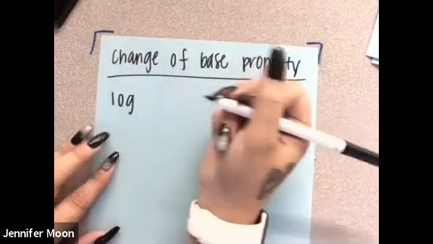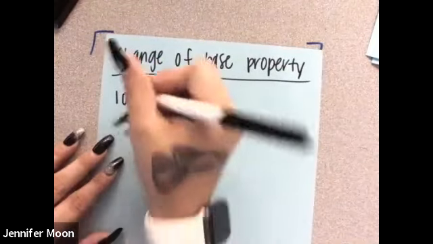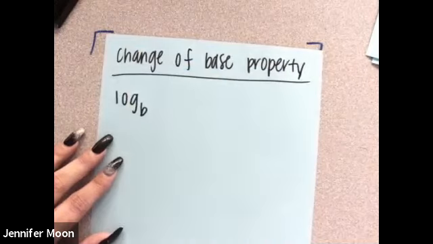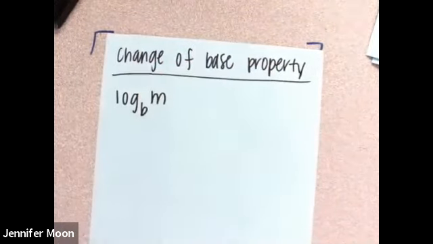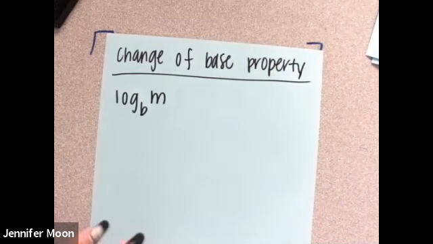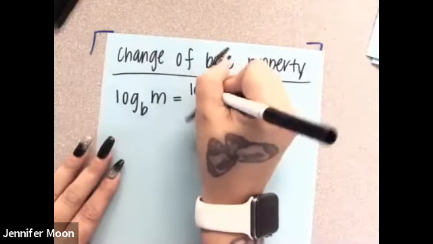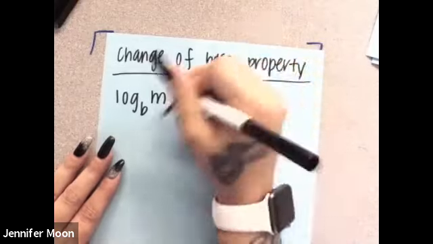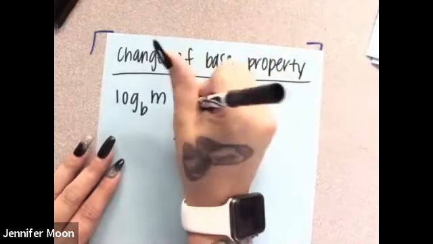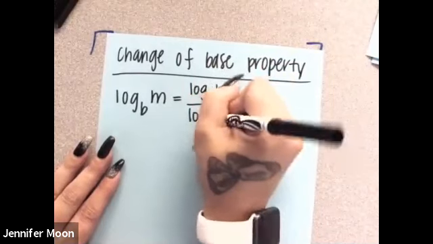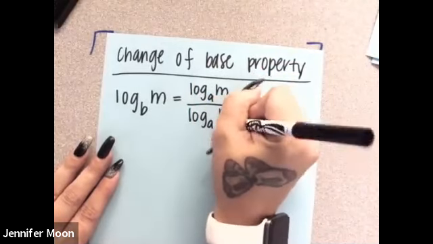The change of base property says if you have log base b of m, and it wants you to actually solve this, like give the approximate decimal answer of this, what you do is you take log base a of m over log base a of b.